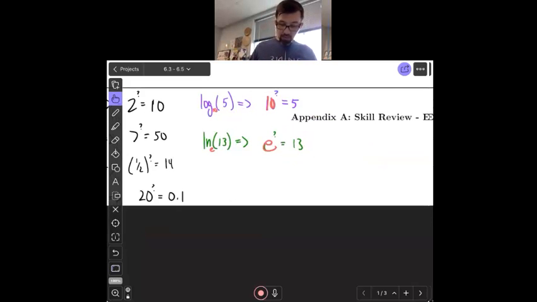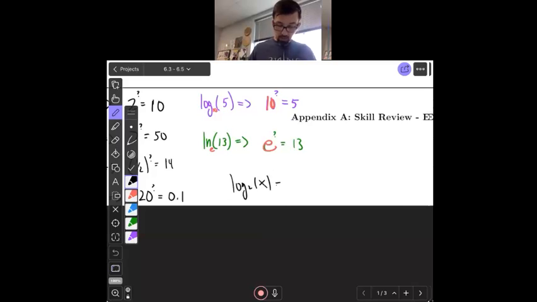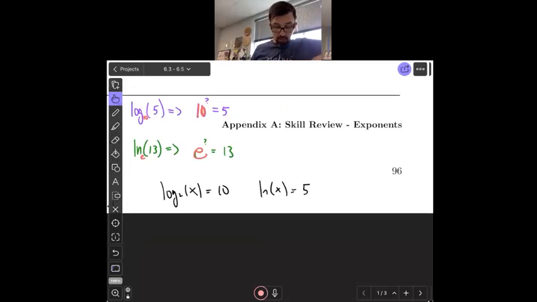If I say log base 2 of x equals 10, or the natural log of x equals 5, how do we figure out what this is? We need to solve for x, right? And generally our idea with solving for x is that we want to get x by itself.